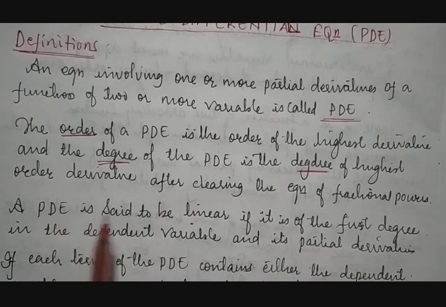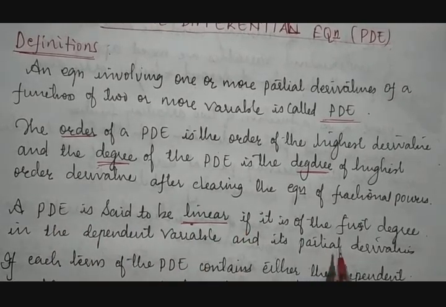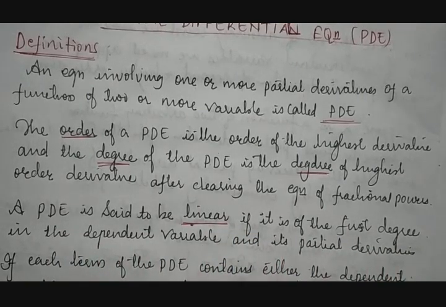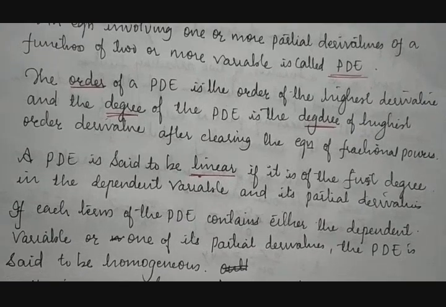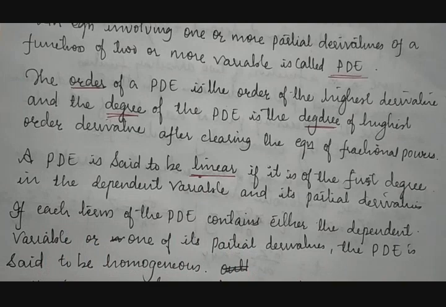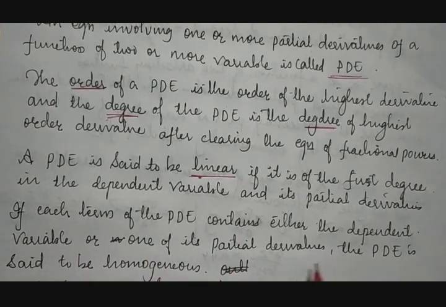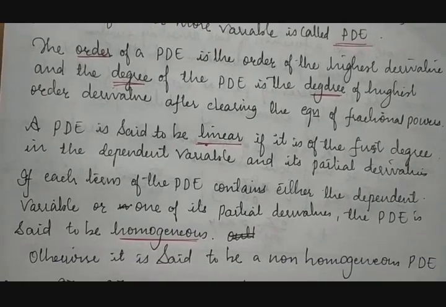Then the partial differential equation is said to be linear if it is of the first degree in the dependent variable and its partial derivatives. Next, if each term of the partial differential equation contains either the independent variable or one of its partial derivatives, it is called a homogeneous partial differential equation.